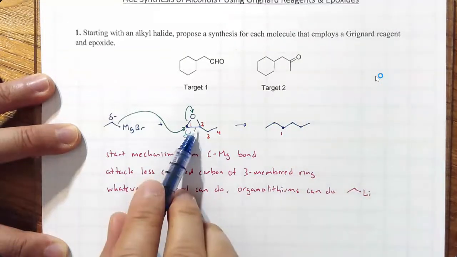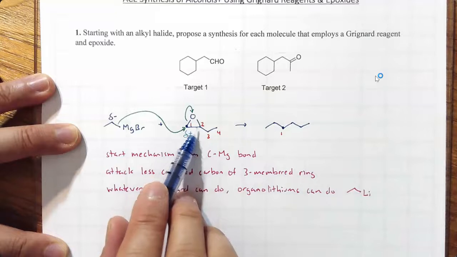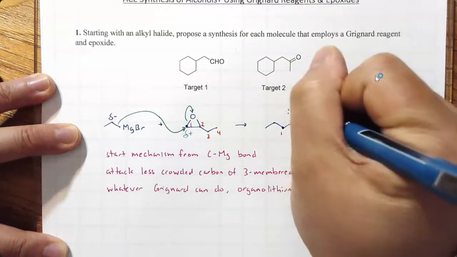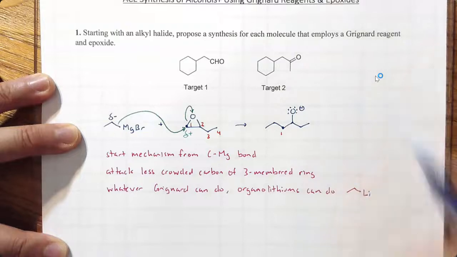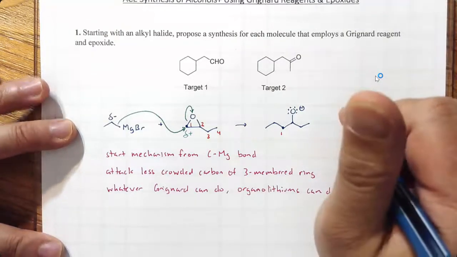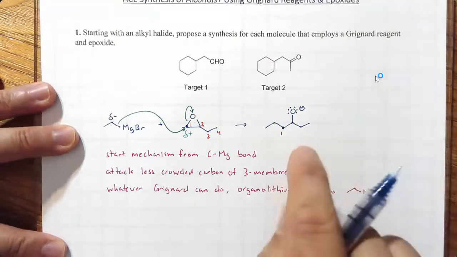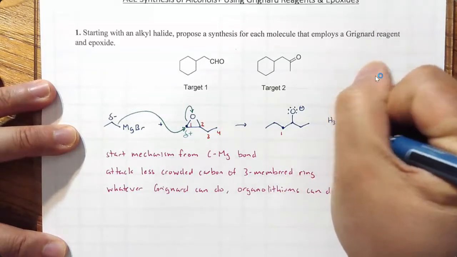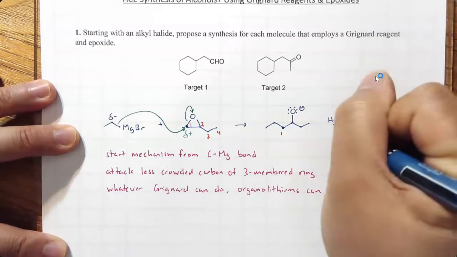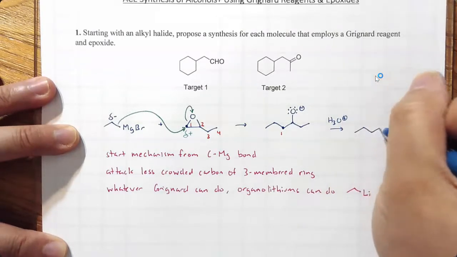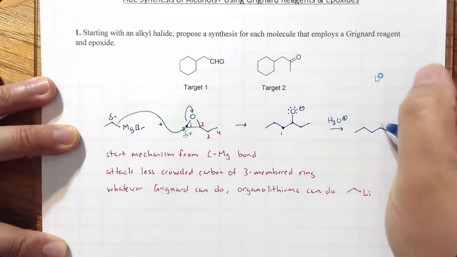But you see, the oxygen is connected to carbon number 2, but not carbon number 1, and we have this anion, the oxide. And that's why I say that whenever you use a Grignard reagent, it's likely that you're going to form an alcohol, because after protonation, so there is a second step typically after Grignards, it's to protonate the alkoxide.